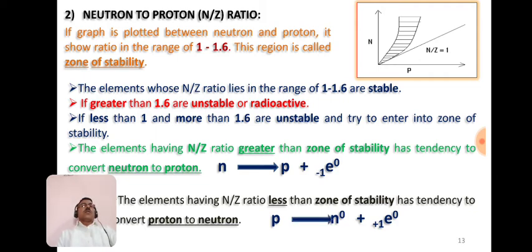So the elements having n by z ratio greater than the zone of stability have a tendency to convert neutron to proton, and the elements having n by z ratio less than the zone of stability have a tendency to convert proton to neutron in order to attain stability.